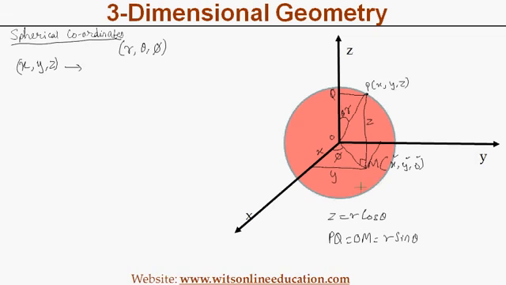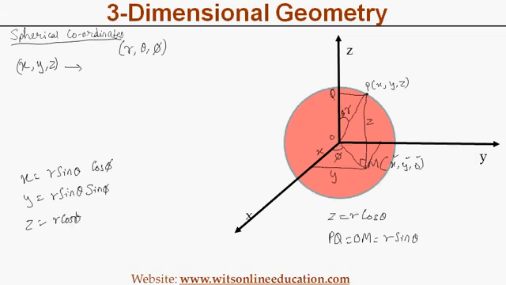So we see that this OM is r sin theta. Taking cos phi will give us x. So x is equal to OM cos phi, that is, r sin theta cos phi. Y will be OM sin phi, that is r sin theta sin phi, and z is r cos theta.